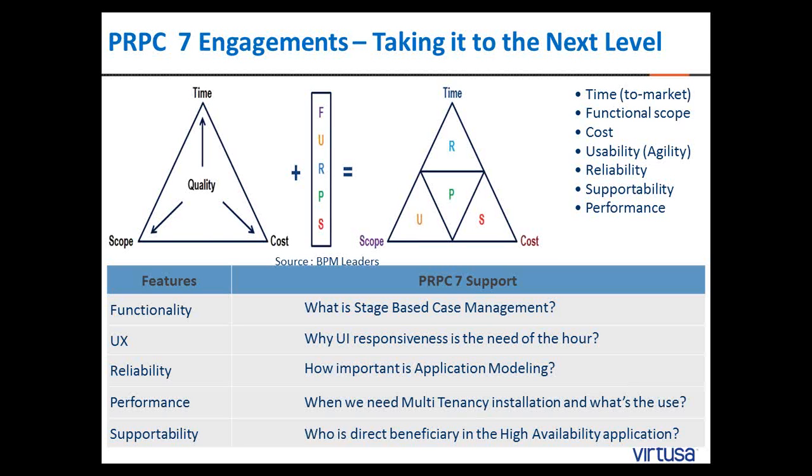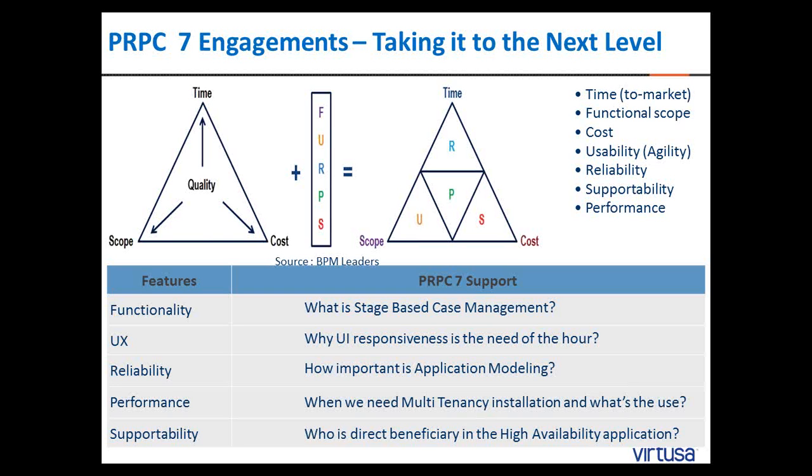Similarly, this FURPS means functional quality, user experience, reliability of an application, meeting the performance SLA, and supportability. These 5 parameters define the quality as an objective item.